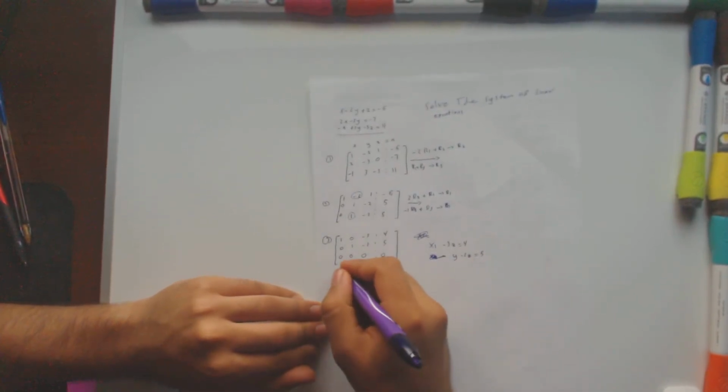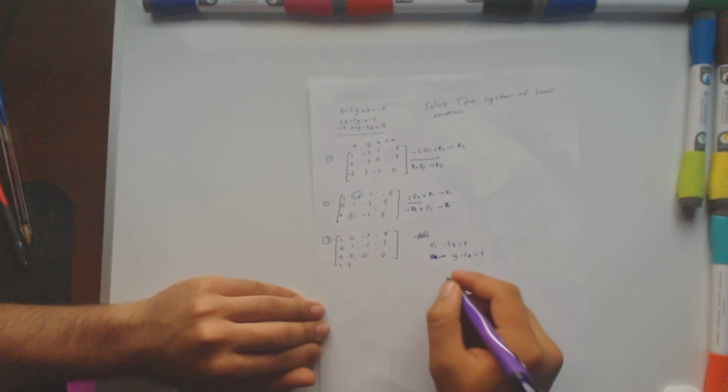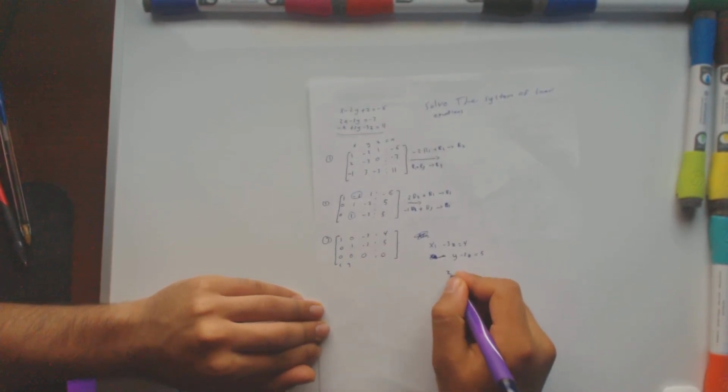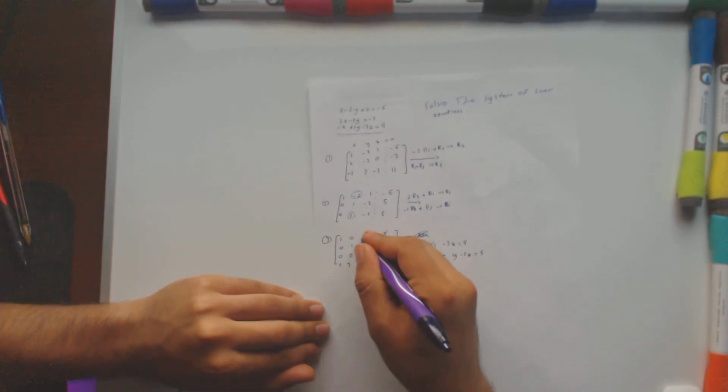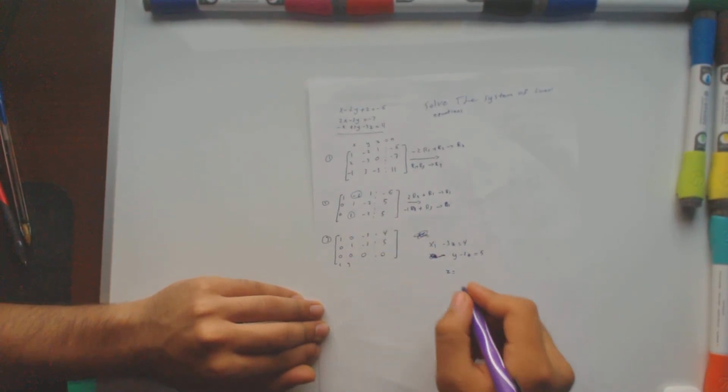And let's say this is x, this is y, and z is any real number. Why? Because z is the free variable in the matrix.